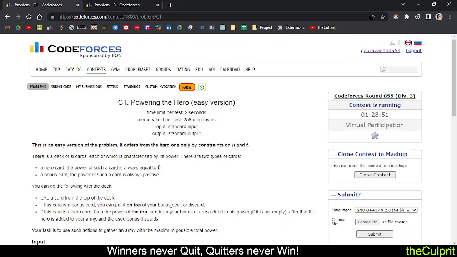If there's a hero, then I will pick up one card.